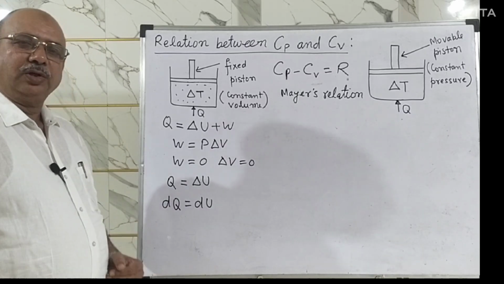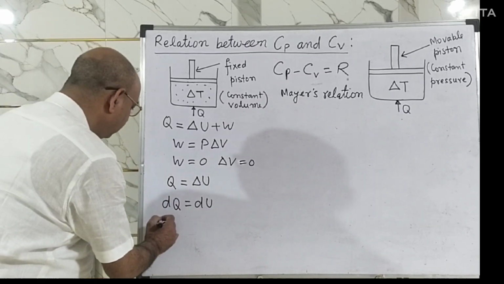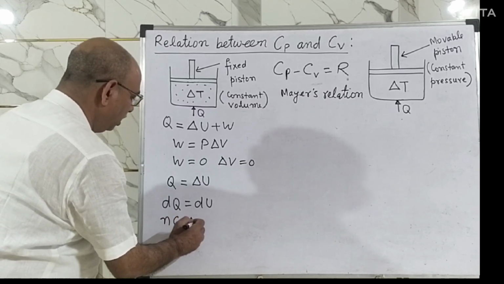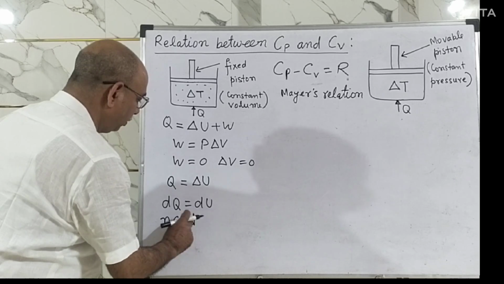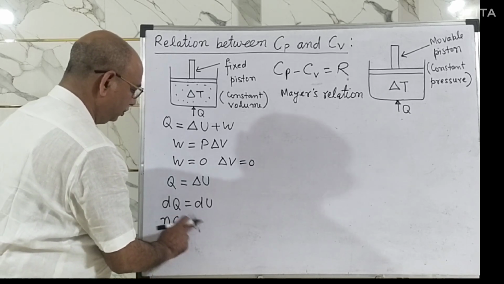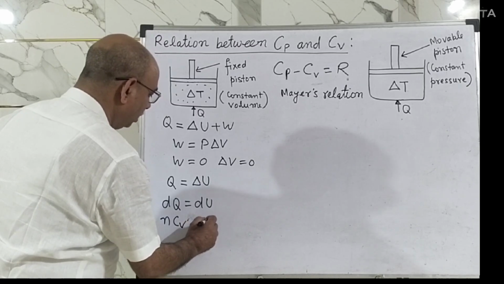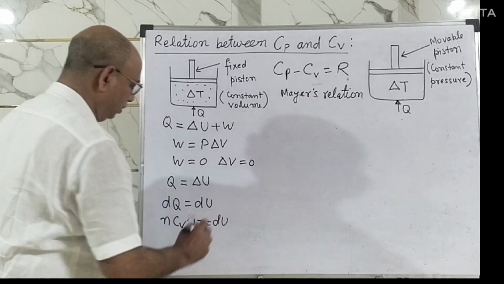Now we know that this dQ is equal to nCv dT. nCv dT is equal to dU.